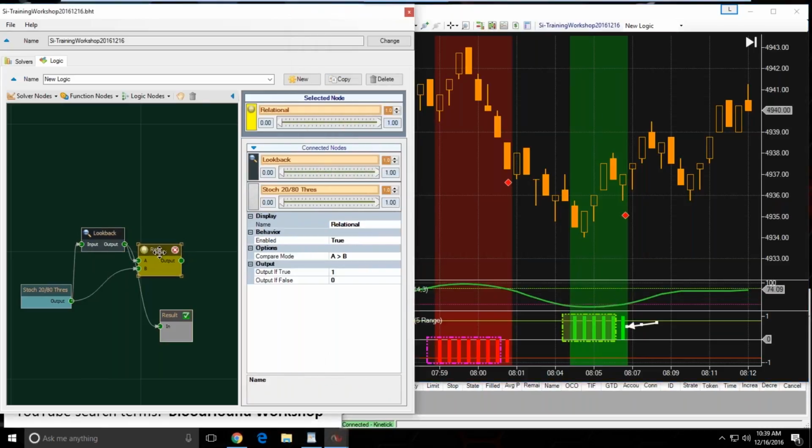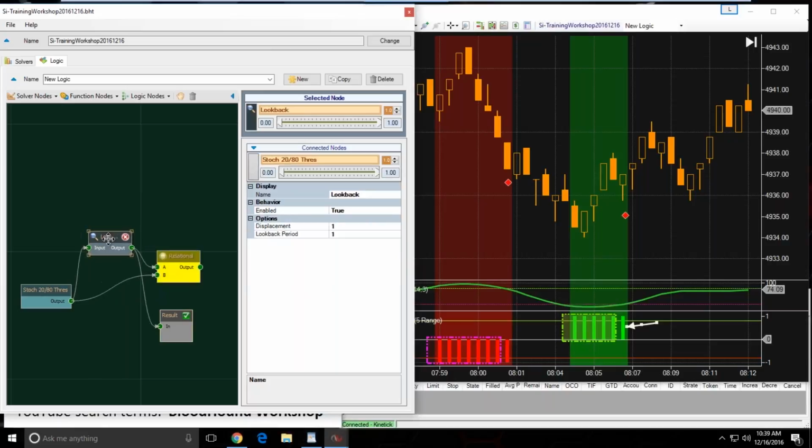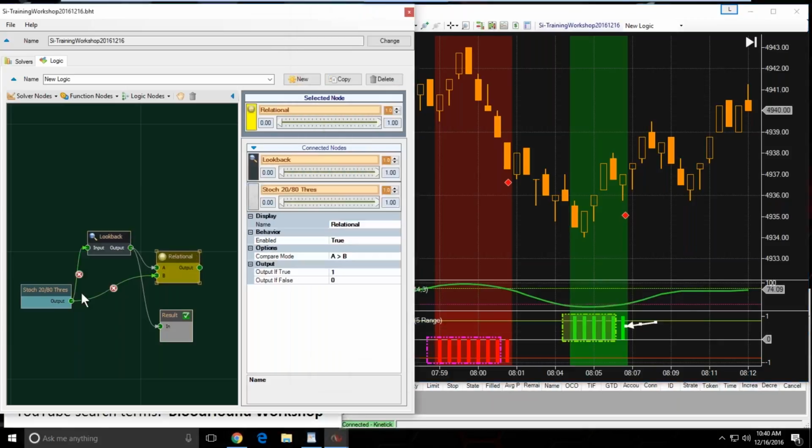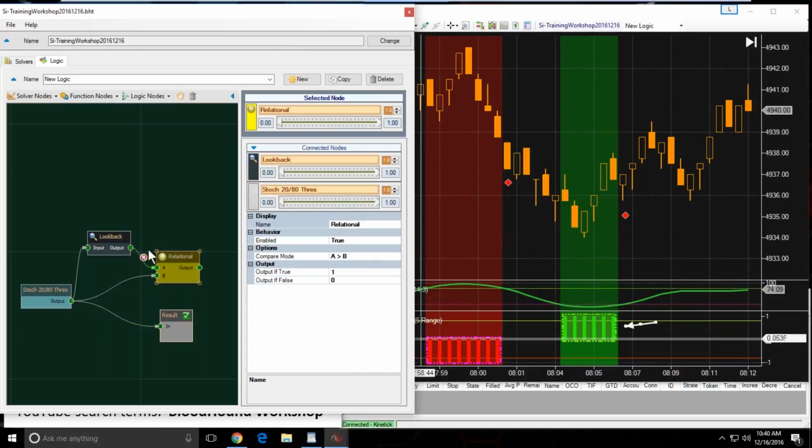And then I grab the ratio node, and I'm just doing a comparison here. So is A greater than B? And so A is our look back node, right? So A is this output here on this bar. So A has an output.